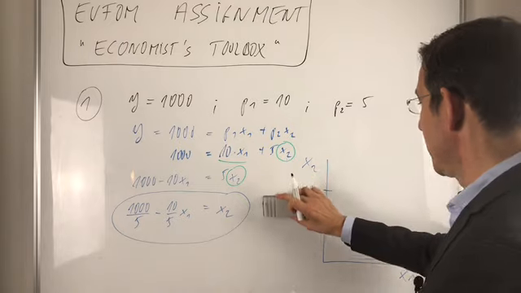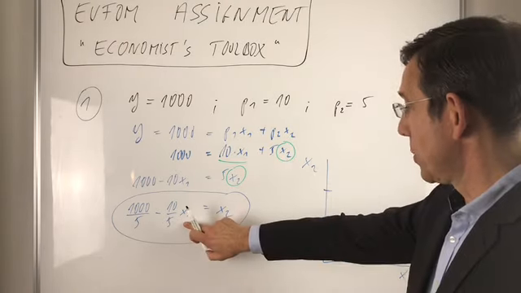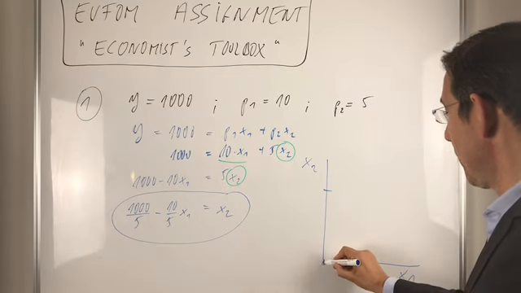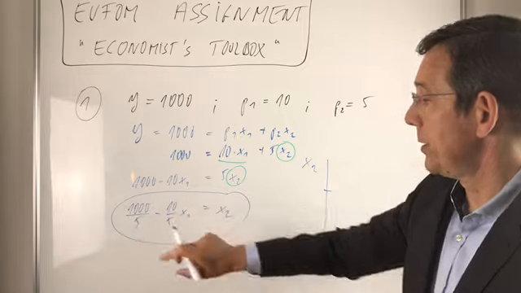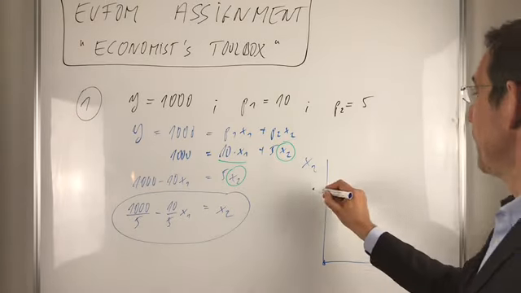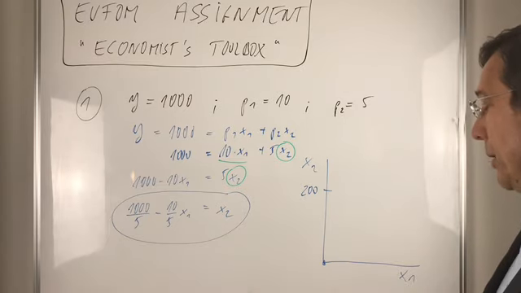Okay, so that's our starting point. When we set x1 to 0, this disappears. 1,000 divided by 5 leads to 200. That's our starting point of the budget line, right?